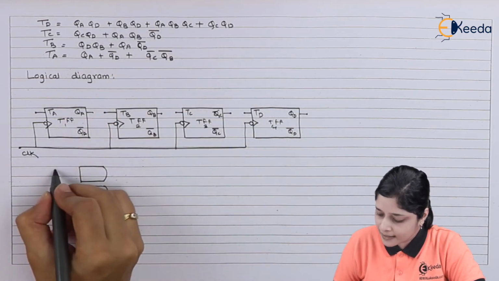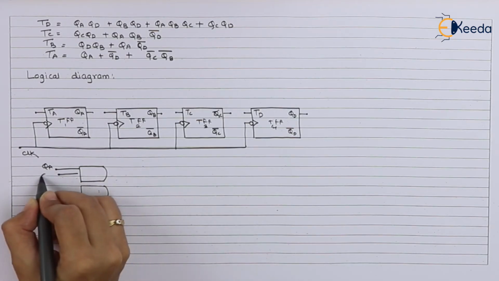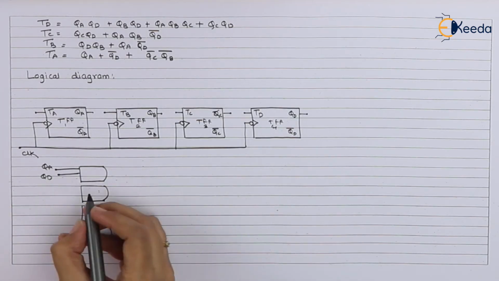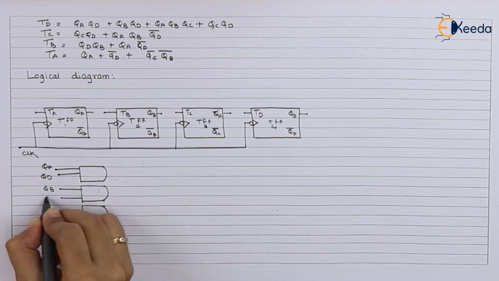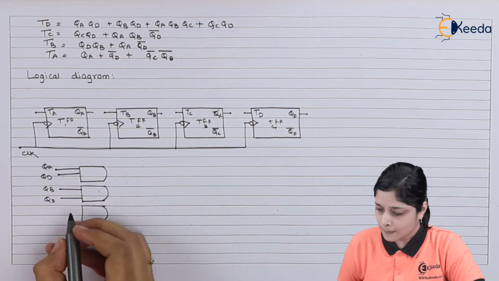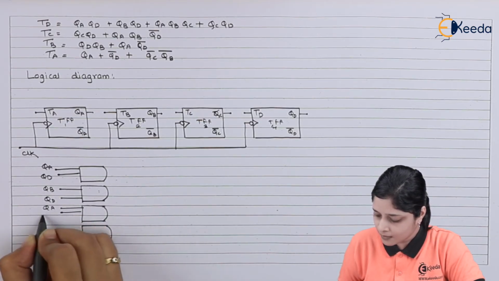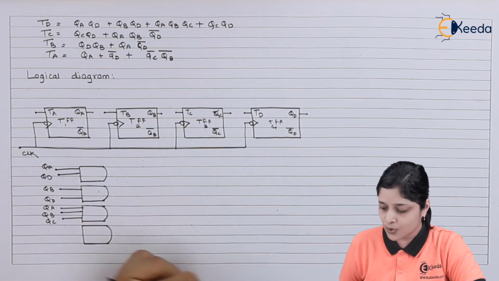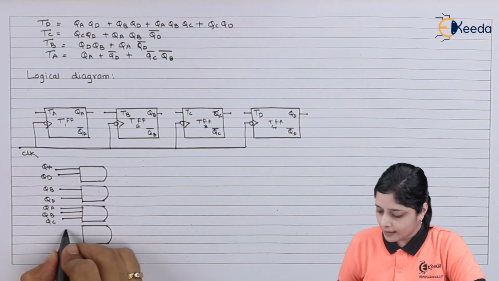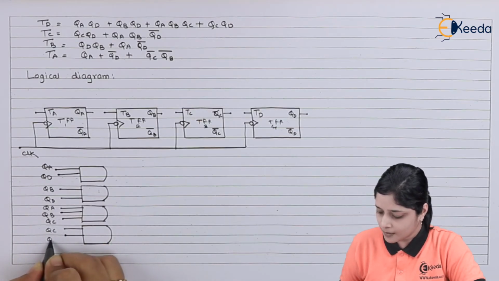Input to the AND gates are what? QA, QD. Next is what? QB, QD. After that we have QA, QB and QC. Then we have QC, QD.